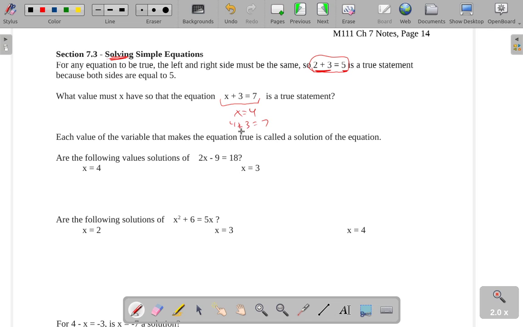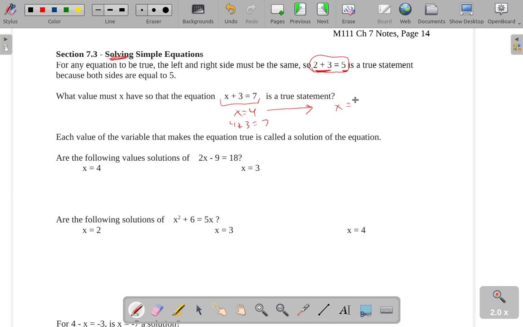Okay, well, that's all fine and well, but how did you get that 4? Well, you got the 4 by saying what number plus 3 is equal to 7. And essentially what you want to do is you want to kind of undo this addition. And the way you undo addition is with subtraction. So really the operation that you did here is subtraction.